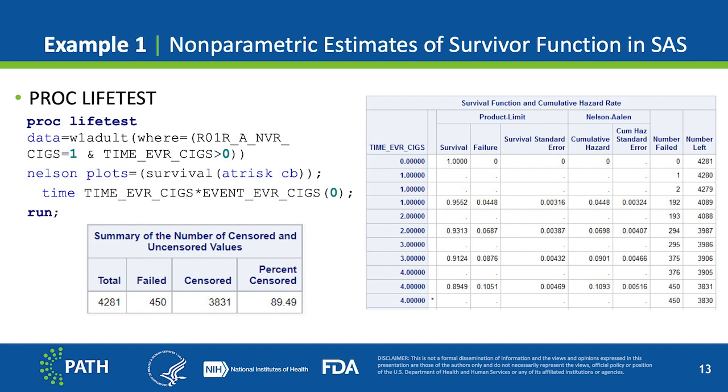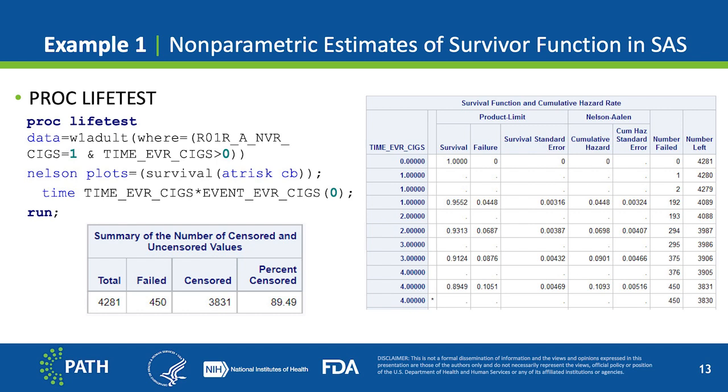Here, we also provided some selected output. The first output is the number of censored and uncensored values. We can see this is the exact number we just saw in the manually created table shown on slide 11.